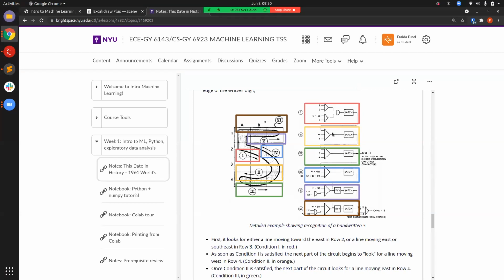So for example, here the circuit first looks for the line going this way in row 2. And if that's satisfied, then it looks for the line going this way in row 4. Then it looks for the line going to the right in row 4, and so on. So after detecting each particular line that it's looking for, it goes on to the next one.